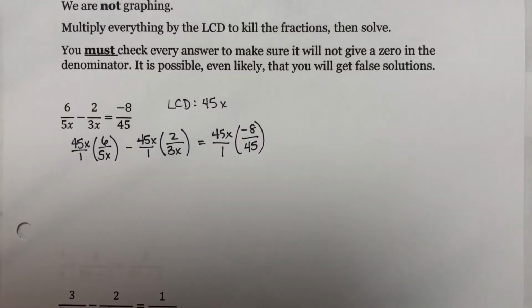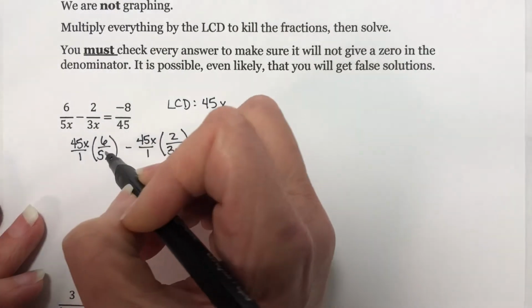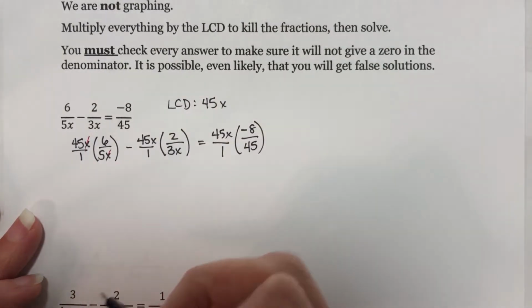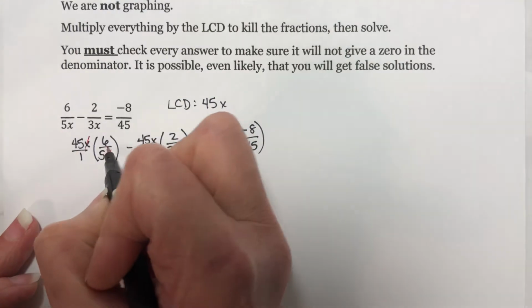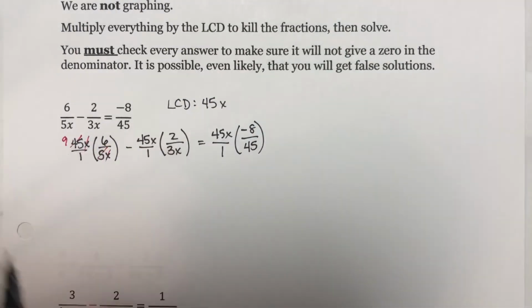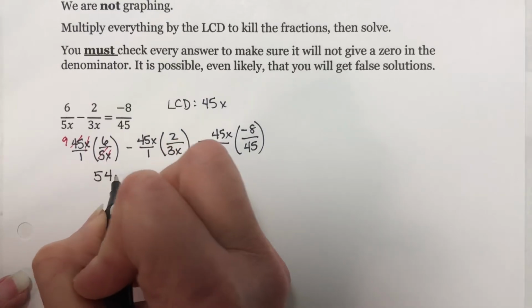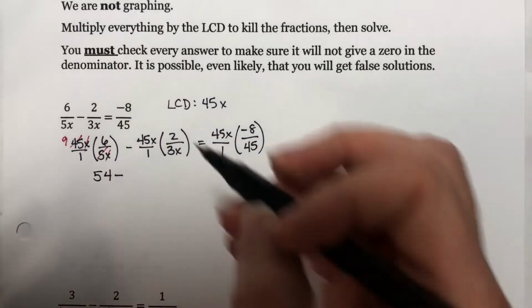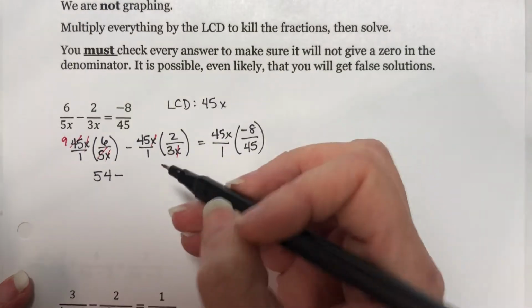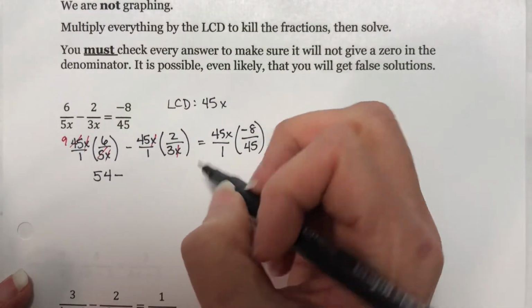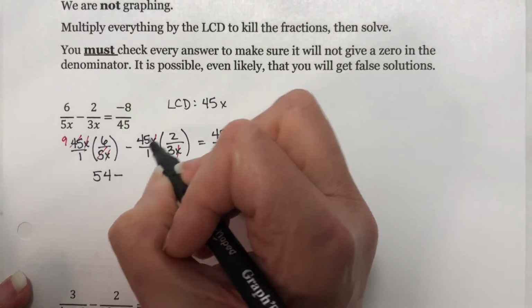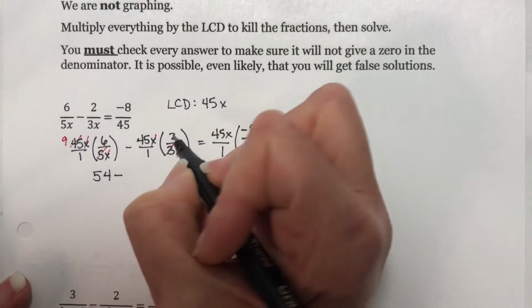Now, all of our denominators should cancel out. Those x's cancel. 5 goes into 45 9 times. 9 times 6 is 54. Minus. Here, our x's cancel out. 3 divides into 45 15 times.